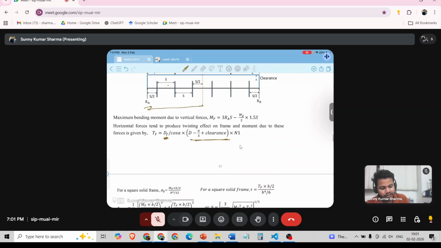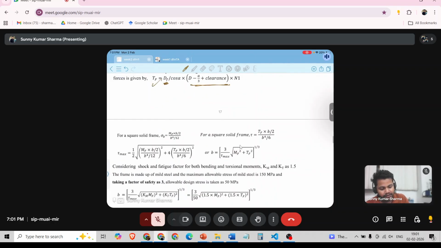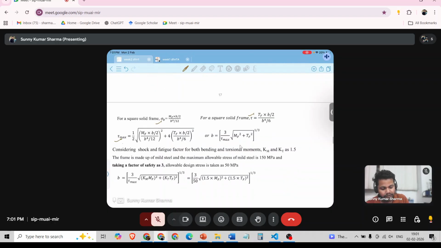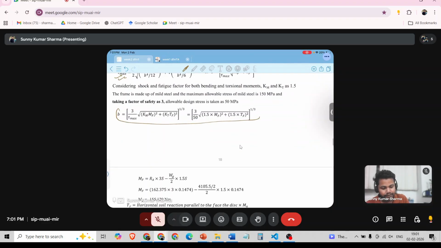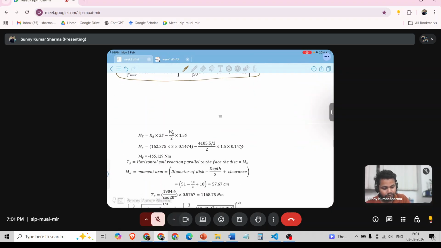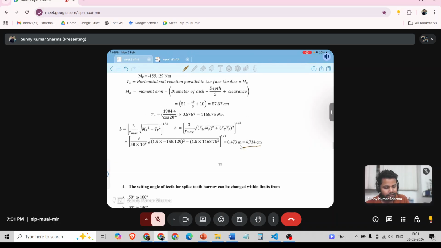From here we will calculate the bending moment and torsion moment. Again from sigma b and tau we will calculate tau max, and again we will get a value of b. So b from here will be 4.757474. This will be the design dimension for the frame.